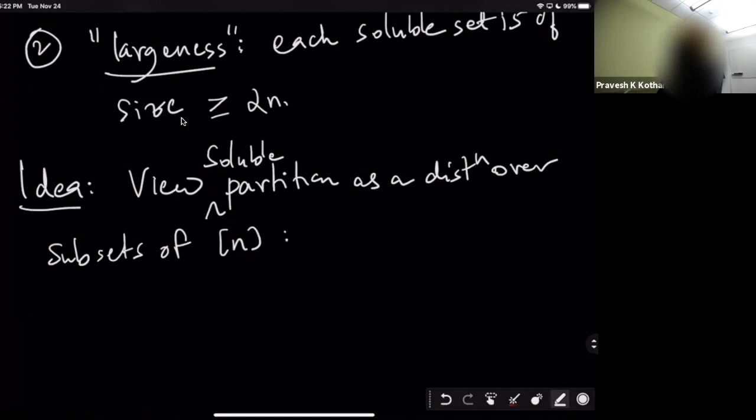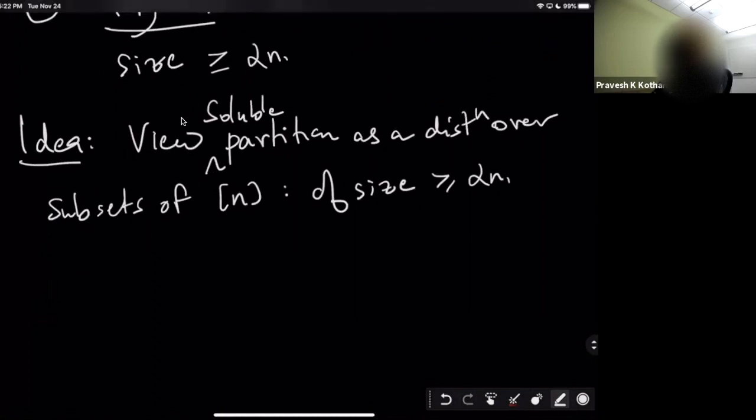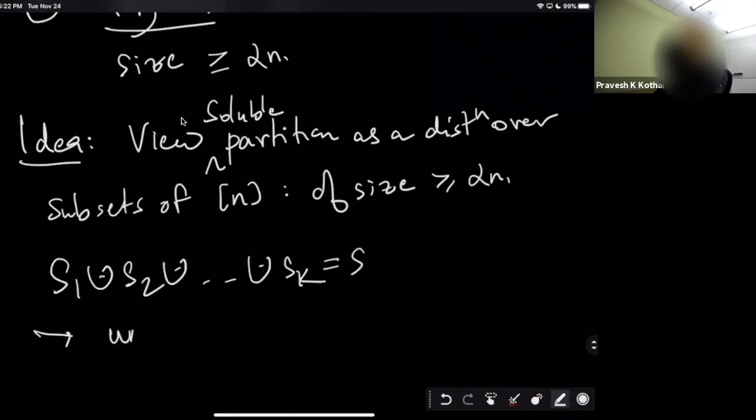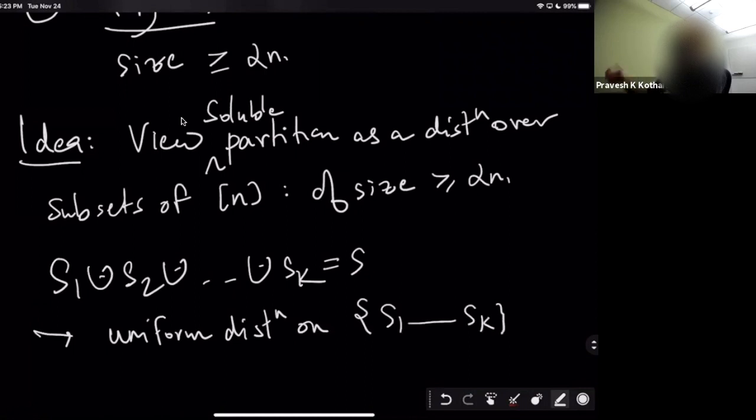I'm going to think of a partition as a distribution over subsets of n, and the subsets will be of size at least alpha n. In particular, if I have a partition S1 up to Sk, then I'm thinking of this as a uniform distribution on the sets S1 through Sk. So, with probability 1 over k, I would put the set Si, for any i. That's the distribution I'm thinking about.